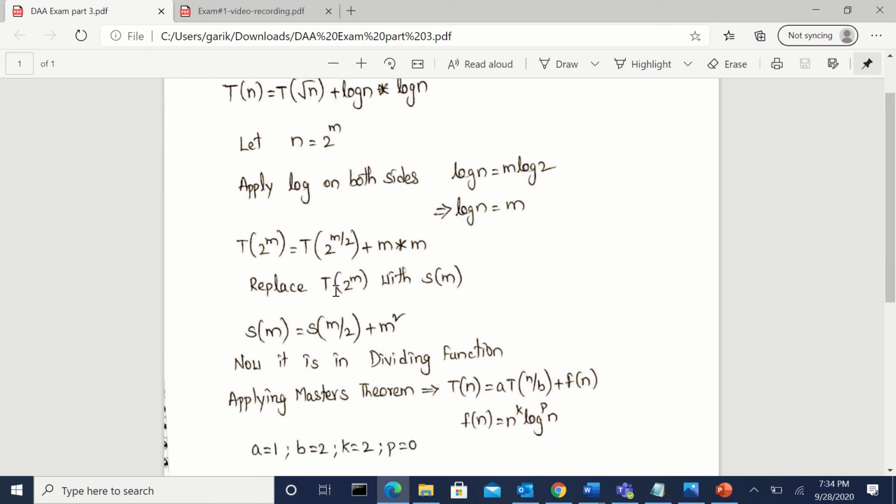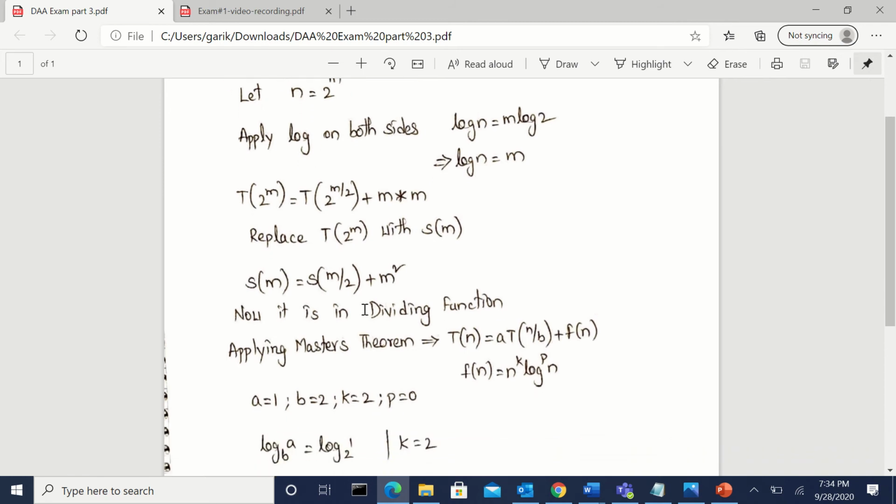Since it is not yet in the dividing function format, we replace T(2^m) with S(m). Then the function changes to S(m) = S(m/2) + m * m^2. Now it is in the format of a dividing function.